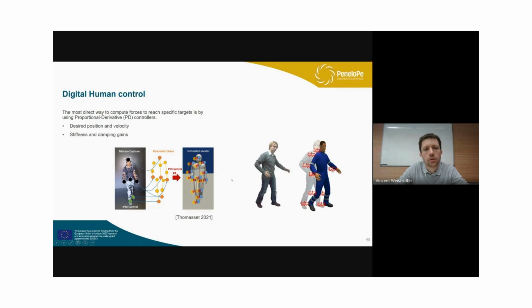The most direct way to develop these control laws is by using proportional derivative controllers, so PD controllers. What PD controllers get as input is a desired position and a desired velocity. This position and velocity come from the motion capture sensors or from the animation data. These controllers can be seen as spring-damper systems, so they have to be parameterized with stiffness and damping gains.